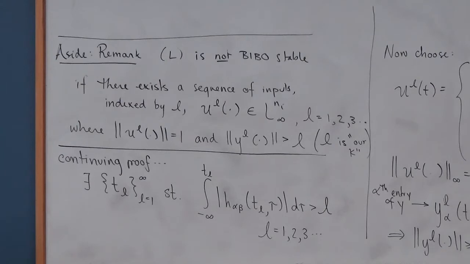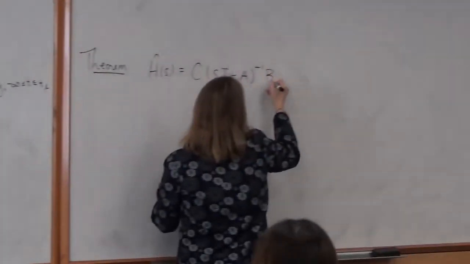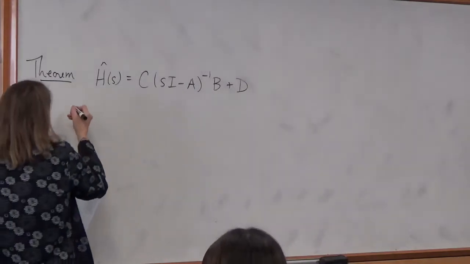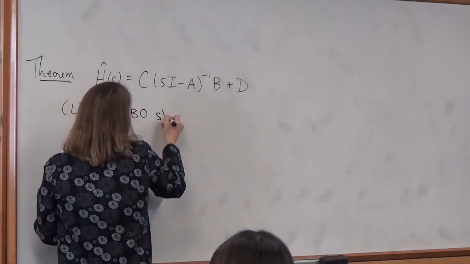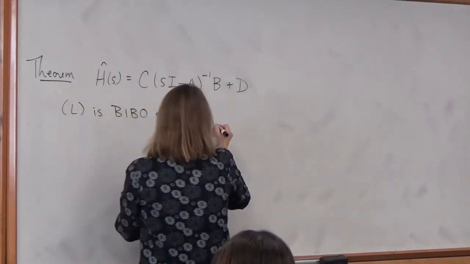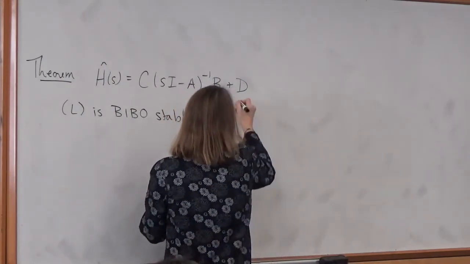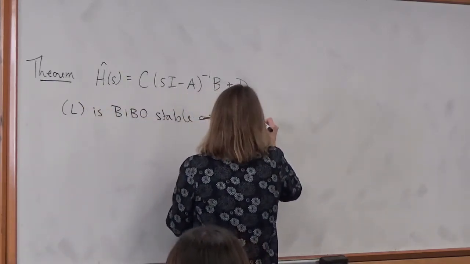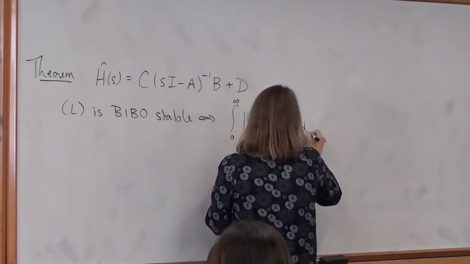If we write out the transfer function matrix for the time invariant case, then stability of L is equivalent to, first of all, the weighting matrix condition: the integral of the norm of C e^(At) B dt is finite, which becomes a lot simpler in the time invariant case.